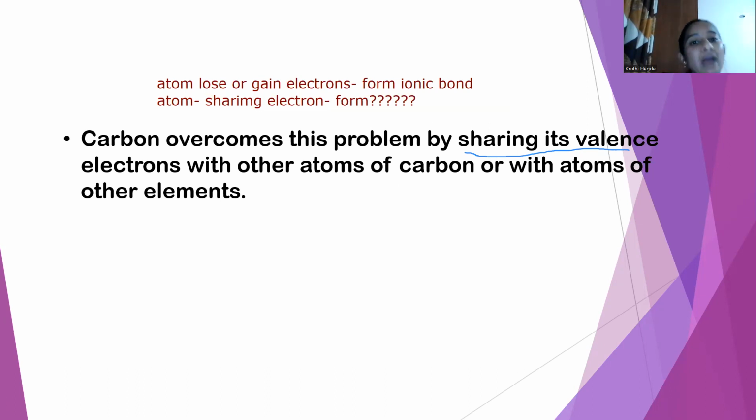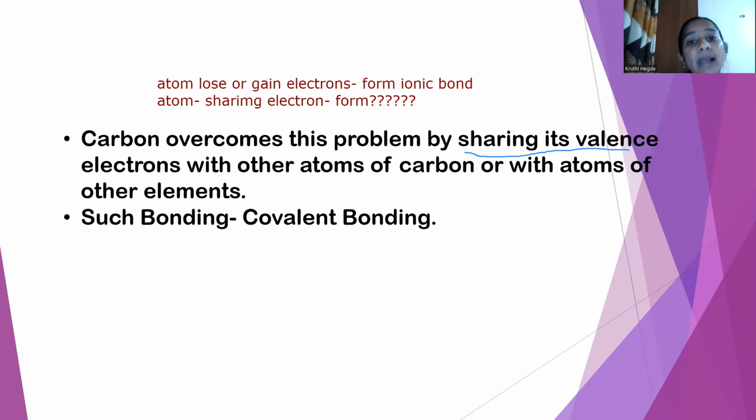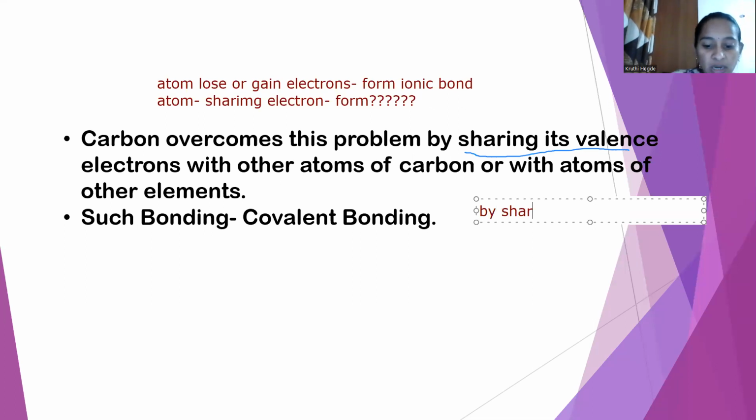So whenever an atom shares electrons, it forms a covalent bond. Ionic bond is formed by loss or gain of electrons, whereas covalent bond is formed by sharing of electrons.